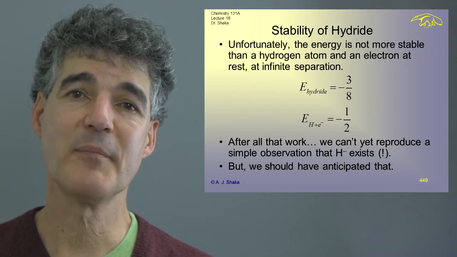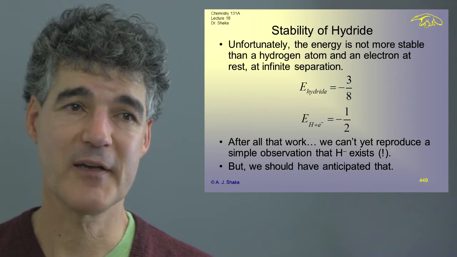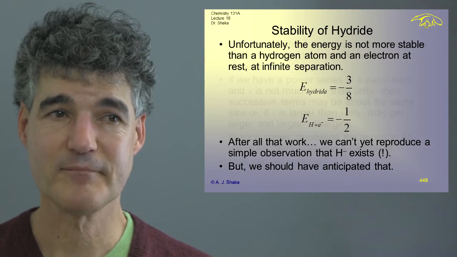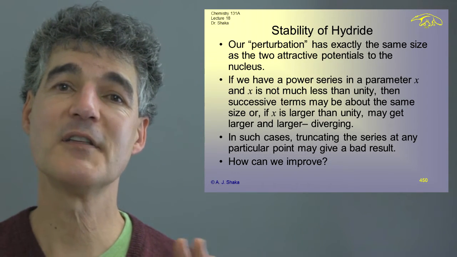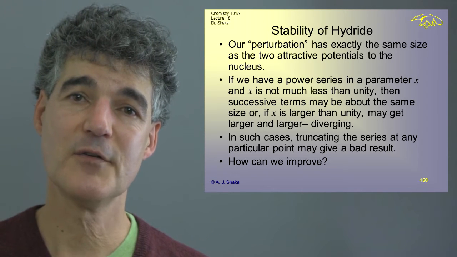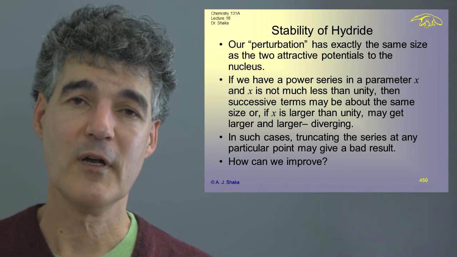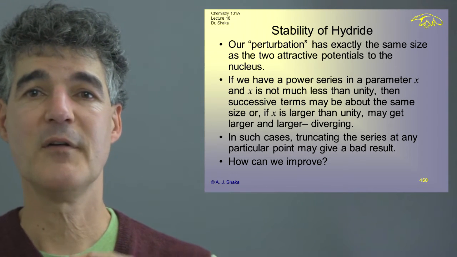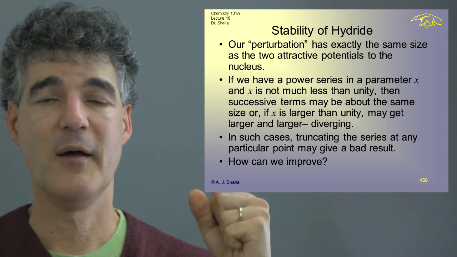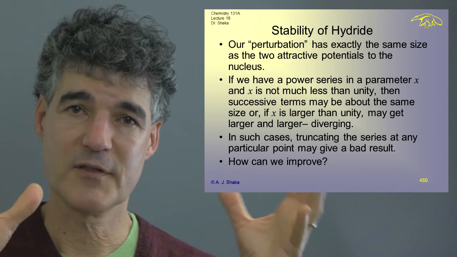Well, we should have anticipated that in retrospect, and here's why. Our perturbation has exactly the same size as the two attractive parts. Recall that the idea behind perturbation theory was that you had a large problem that was simple, that you had solved.